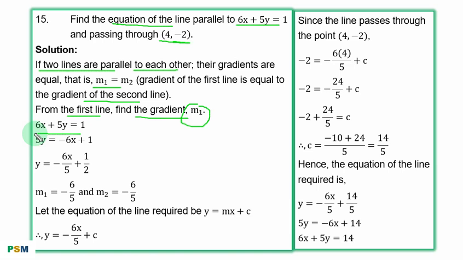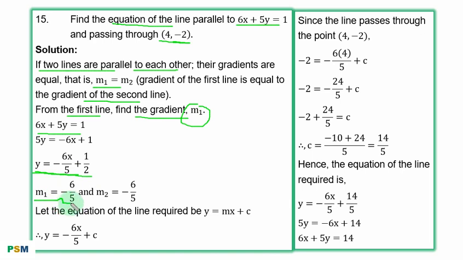That is y equal to ms plus c. You do that by solving for y. When you solve for y, you have this result. So the given line, its gradient m1 is equal to minus 6 over 5.